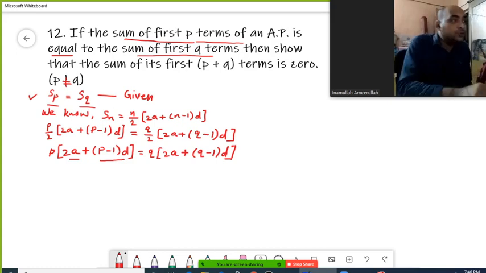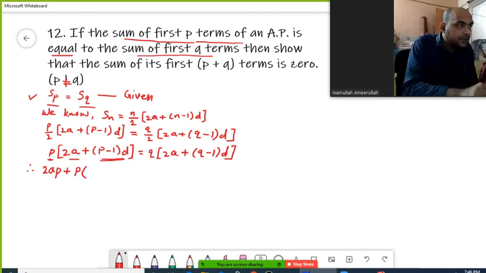So these two terms can be written as 2 into ap plus p into bracket p minus 1 into d, like this.